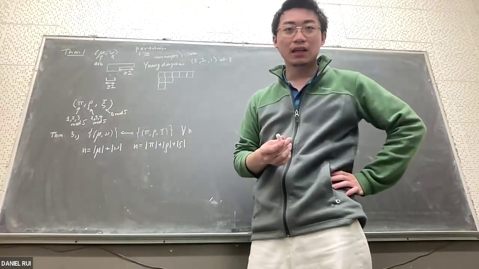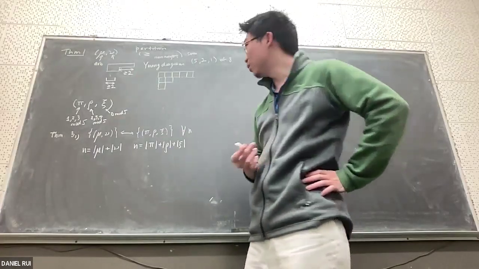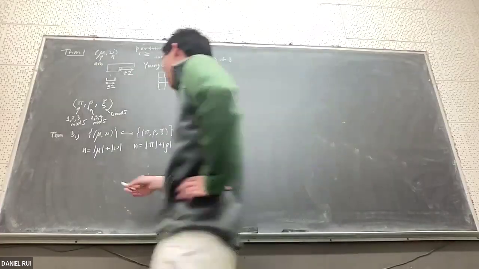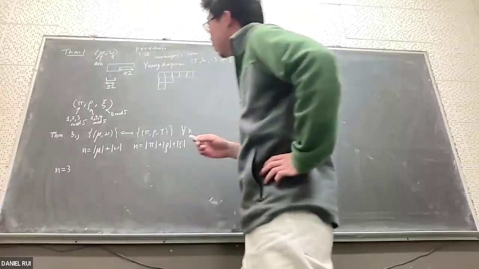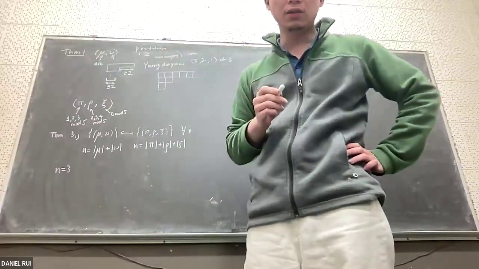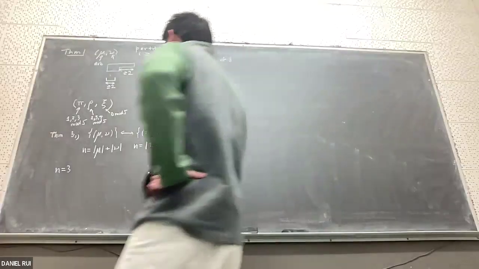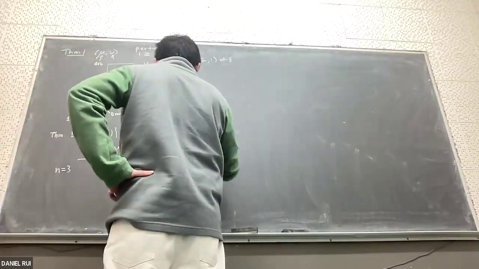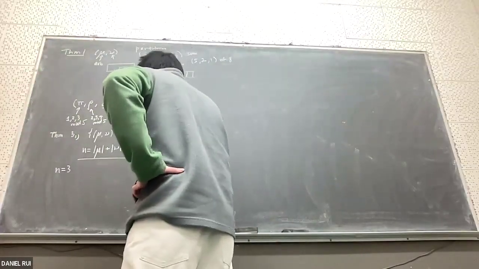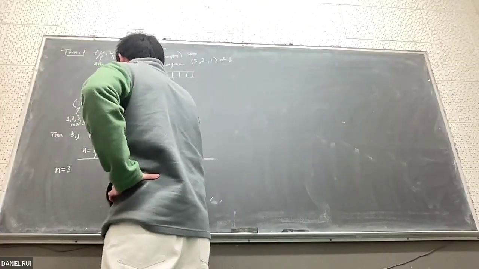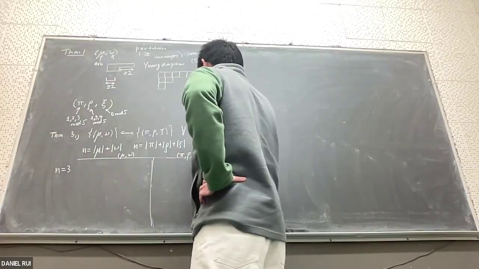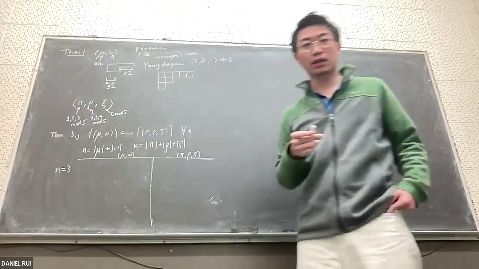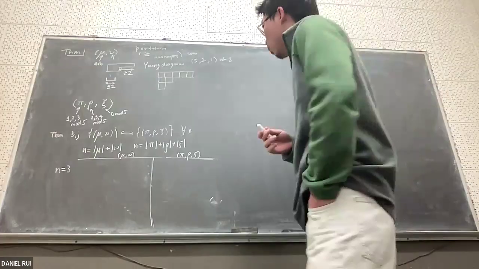I think it might be insightful to do an example. But let's try n is equal to 3. Okay. So what kinds of mu's and nu's are there? So let's have this side be the mu and nu side, and this be the pi, rho, c side. Okay, so what's on what side?